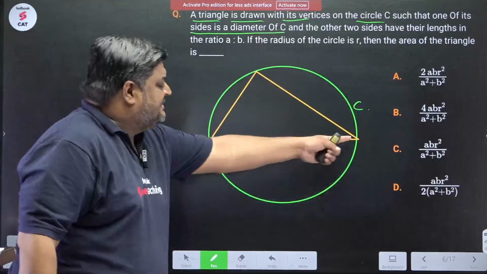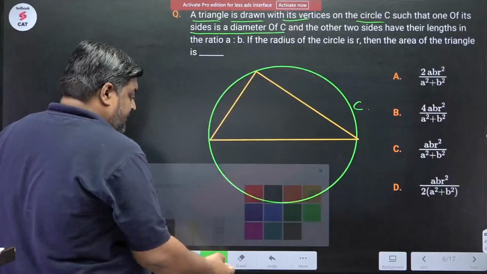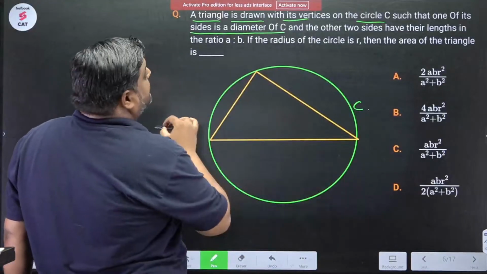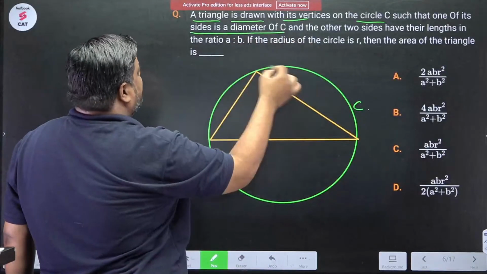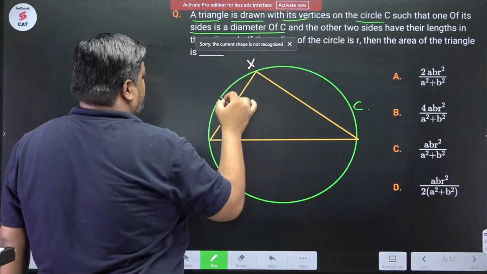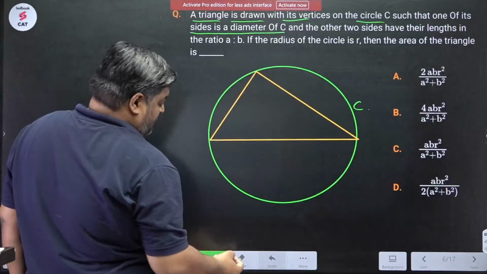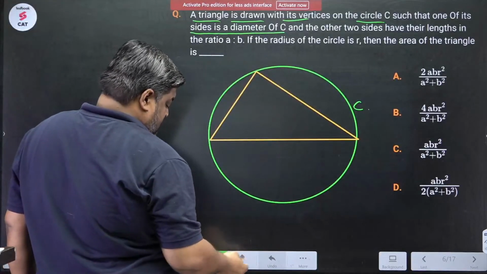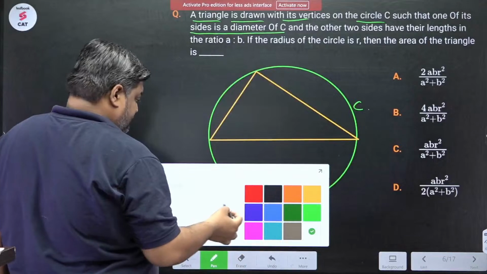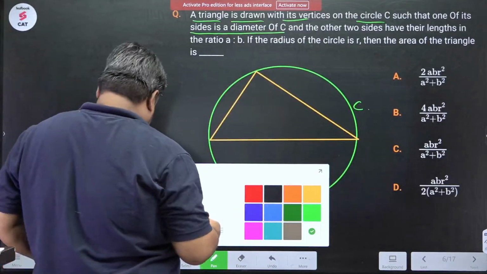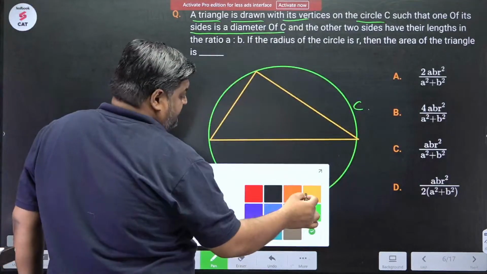Let's name the sides. Is any name given for the triangle? No. Let's name it PQR.